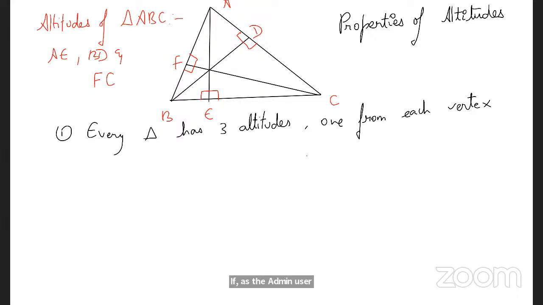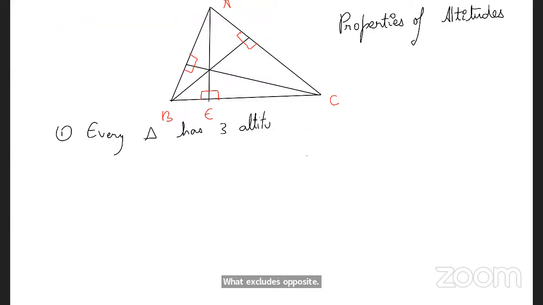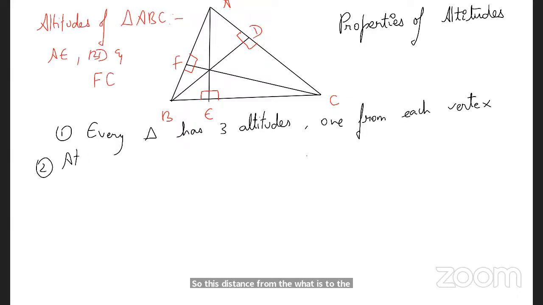Okay, so what's the next property? The altitude is the shortest distance from the vertex to its opposite side. The shortest distance from the vertex to the opposite side is the altitude.